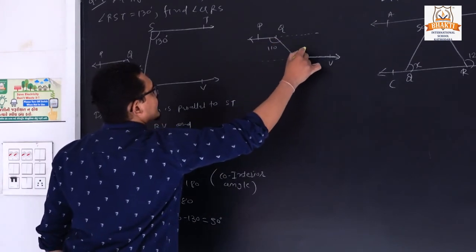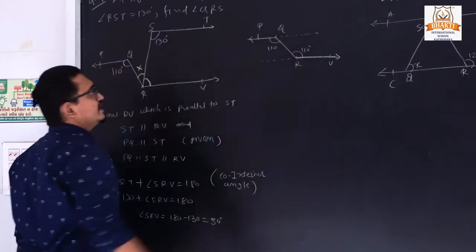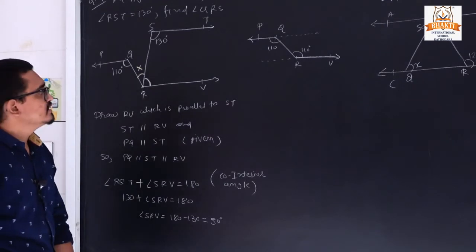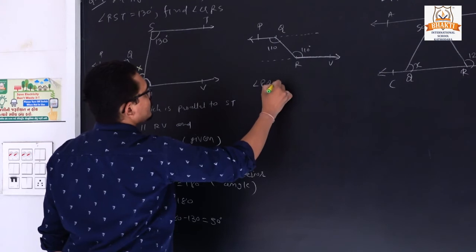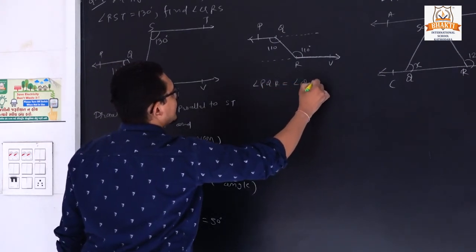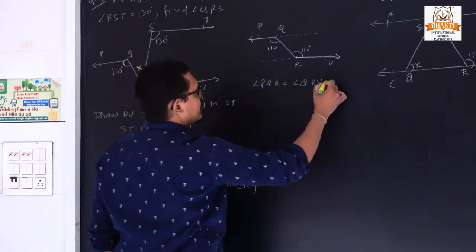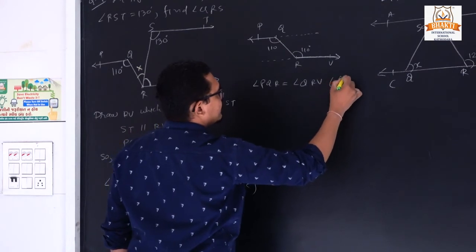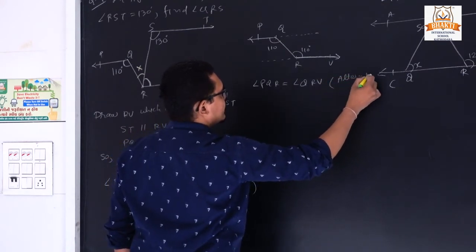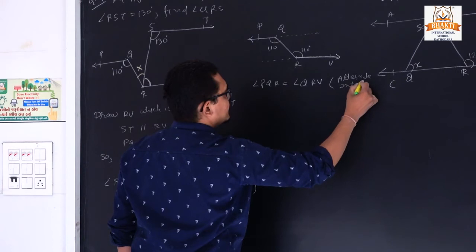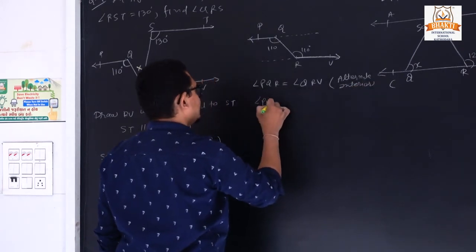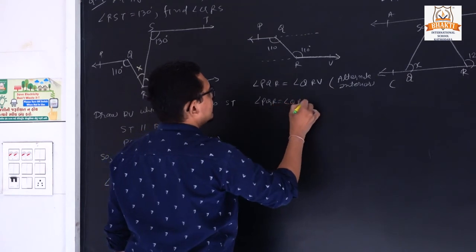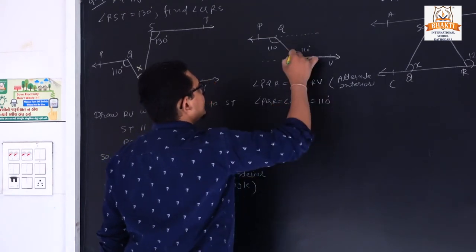So this is also 110 because of alternate interior angles. Angle PQR is equal to QRV. In bracket we can write alternate interior. So PQR is equal to QRV is equal to 110 degrees.